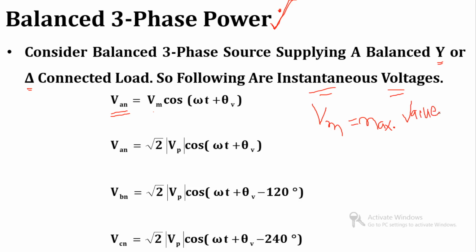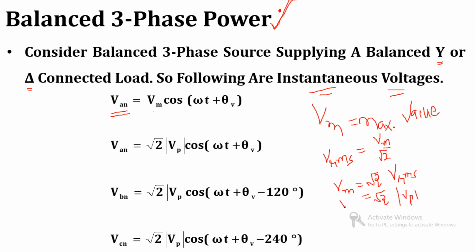So, I want to convert this maximum value into RMS value. We know that Vrms is equal to Vm by root 2. So, to replace the maximum value, I can write Vmax is equal to root 2 into Vrms. Let me denote Vrms by mod Vp.